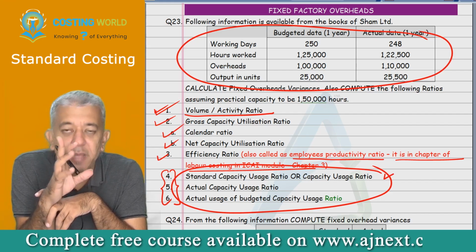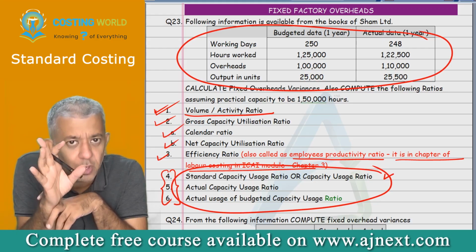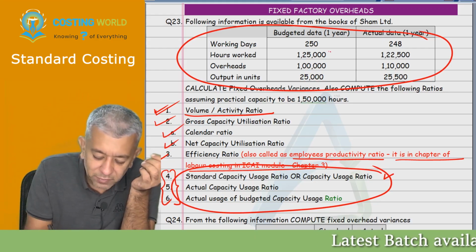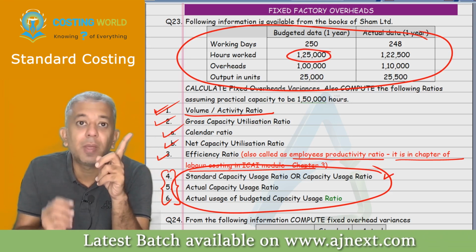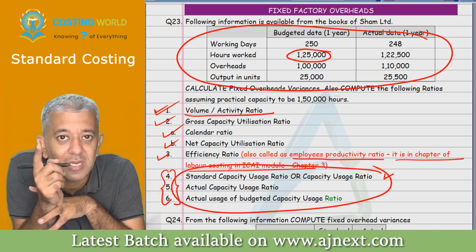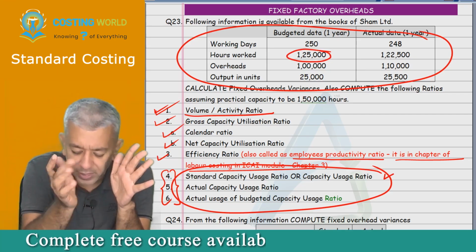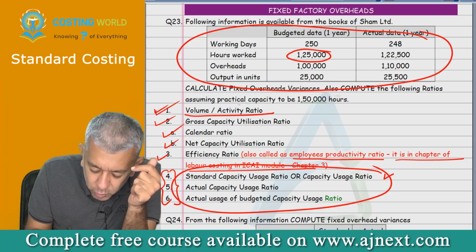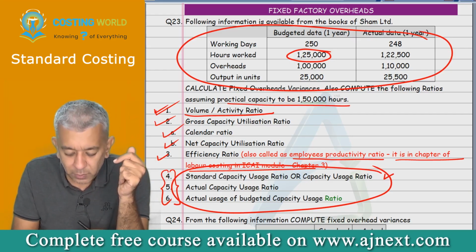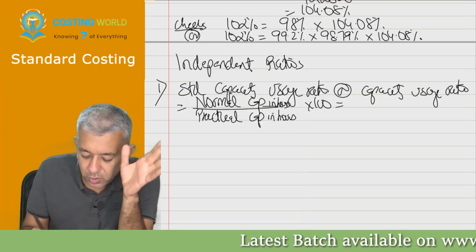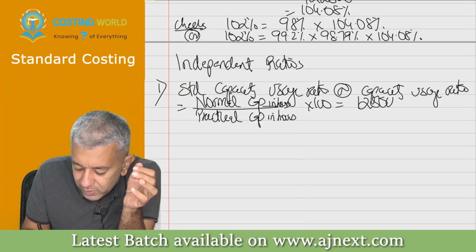Normal capacity, absorption rates are always based upon normal capacity. It is a capacity you thought you're going to be using, 1,25,000. But if you'll remember, practical capacity is a capacity you can use. That some will always give me separately. Okay. So therefore, those guys have told me: also compute the following ratios, assuming practical capacity to be 1,50,000. So therefore, now you all can write down 1,25,000.